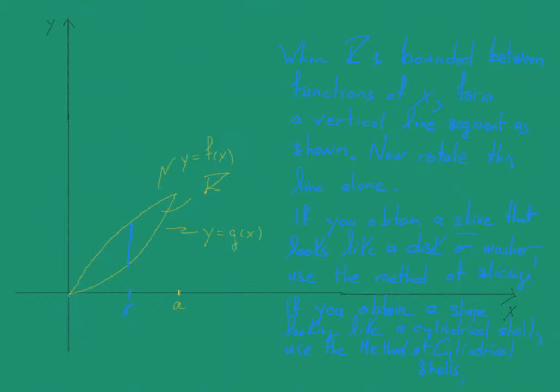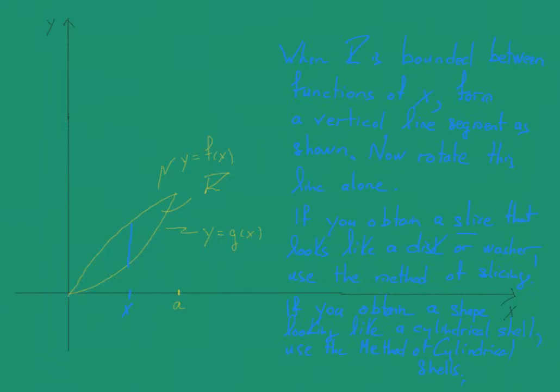Think about what sort of shape you'll obtain when you rotate this line alone. If you obtain a slice that looks like a disc or washer, use the method of slicing. That seems reasonable. If you obtain a shape that looks like a cylindrical shell, use the method of cylindrical shells. Well, that seems pretty straightforward.